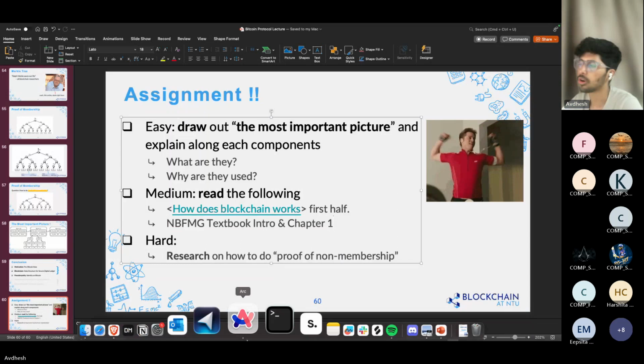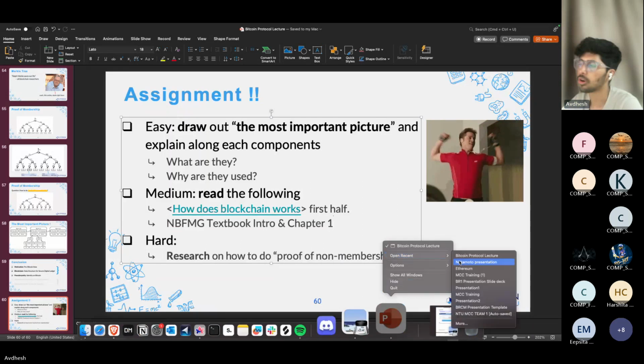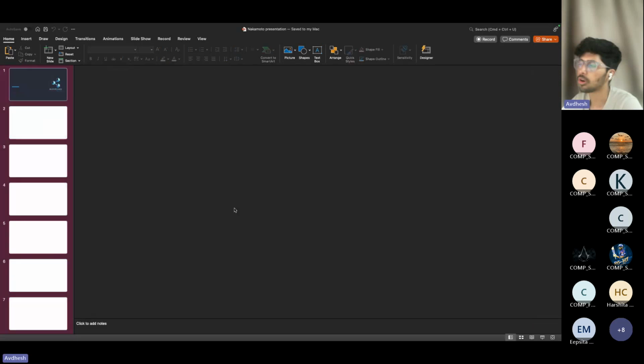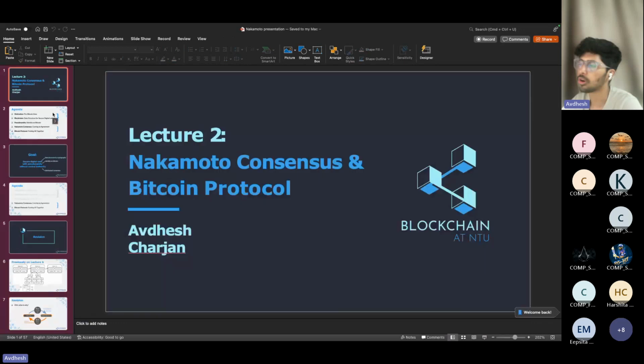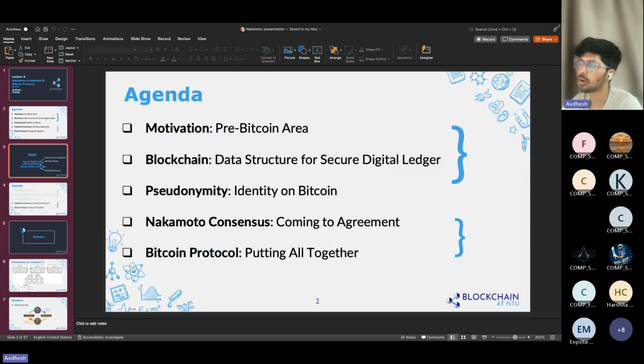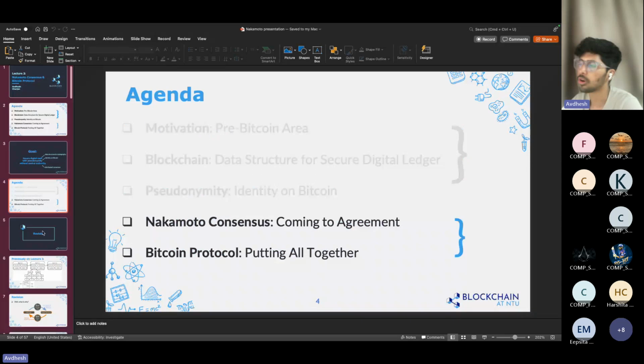The next speed lecture I have is on Nakamoto Consensus. I was saying, like, distributed systems and what Nakamoto Consensus is, and we'll be going through that right now. We'll just do a quick revision. What are transactions?